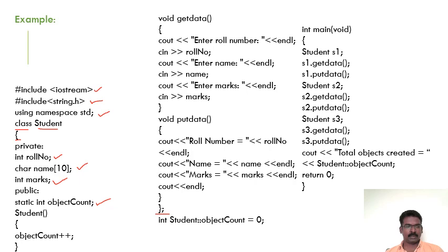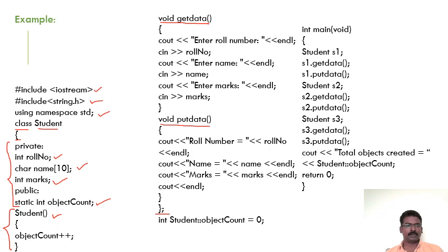Here the data member section ends, and here the functions are declared. This is a constructor, since it has the same name as that of the class. It gets instantiated when the objects are created. And then this is the second function of the class, get data, and this is the third function of the class.